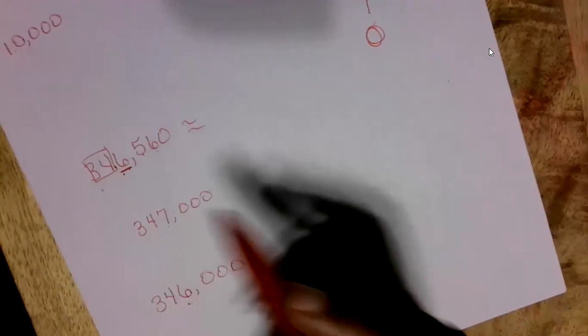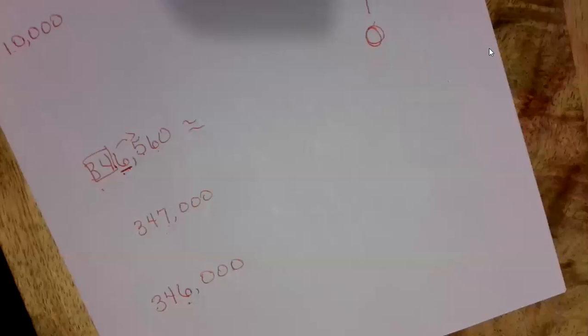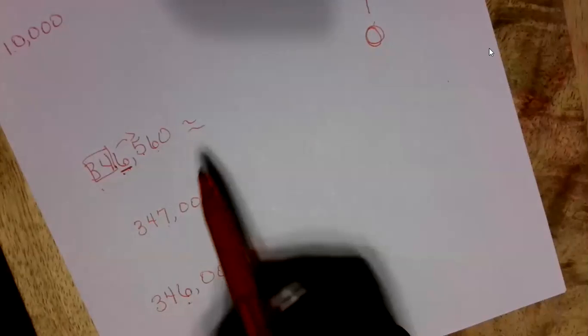So we're rounding the thousands place. Let's look at the place value that's behind it. The place value that's behind it is hundreds. And what number do we have in that place value? We have a 5. And we know 5, 6, 7, 8, or 9, what we're rounding is going to go up 1.